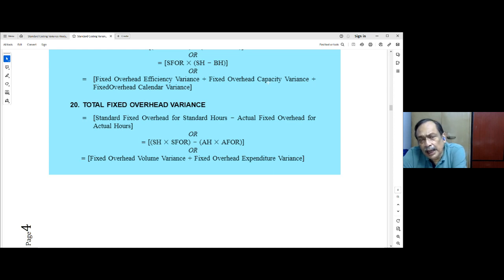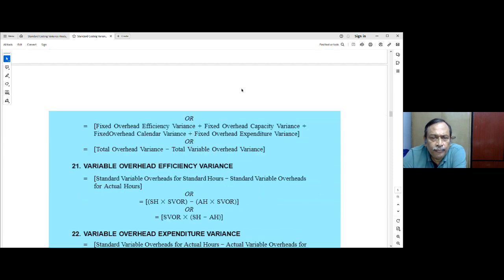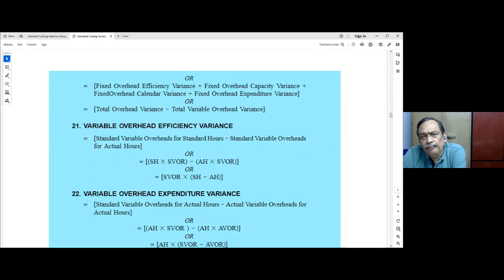Or as a checking, total fixed overhead variance is equal to fixed overhead volume variance plus fixed overhead expenditure variance, or fixed overhead efficiency variance plus fixed overhead capacity variance plus fixed overhead calendar variance plus fixed overhead expenditure variance. Or total overhead variance minus total variable overhead variance.